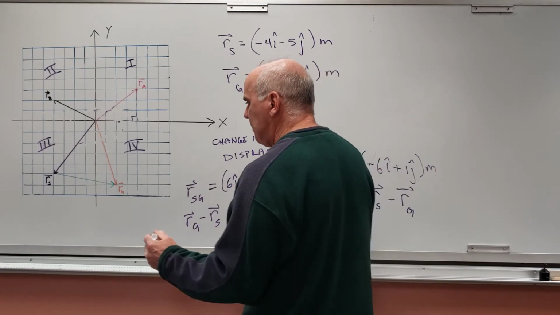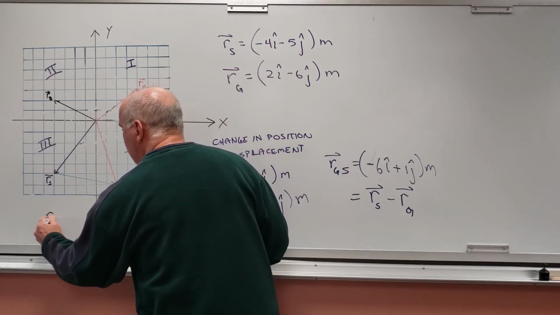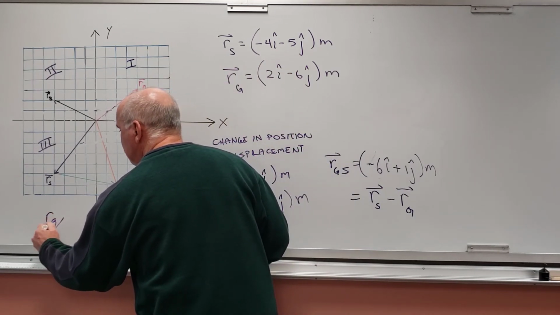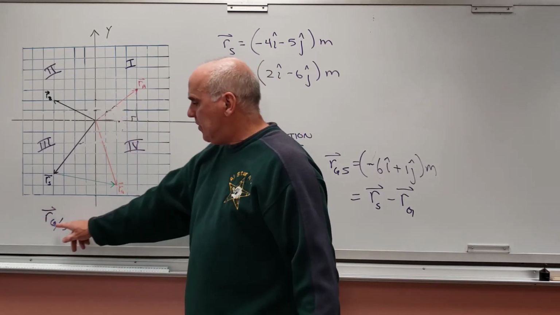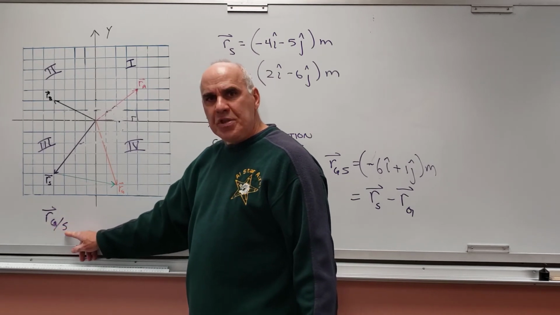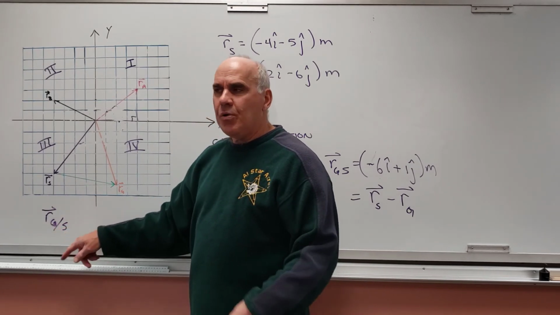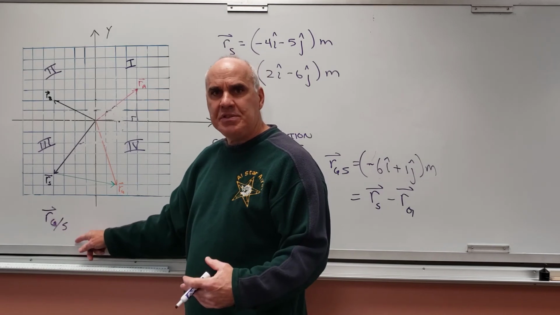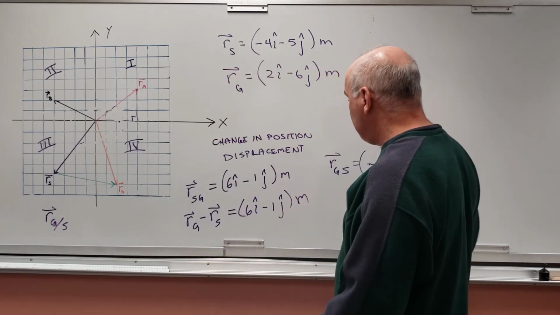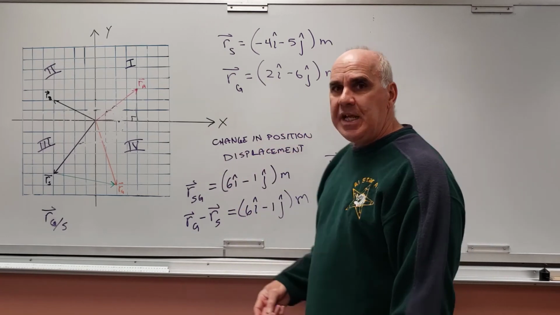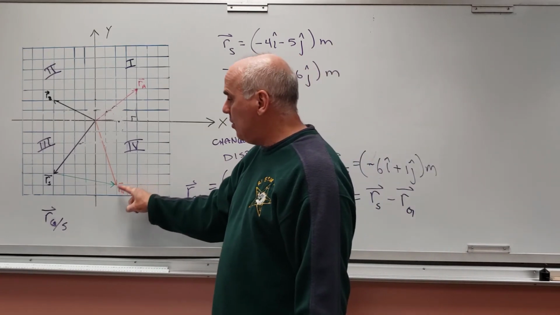And so I oftentimes will write that as R subscript G slash S. This is the position of Grayson with respect to Shelby, or the position of Grayson as Shelby sees it. In a similar fashion, if I said, hey Grayson, where is Shelby?